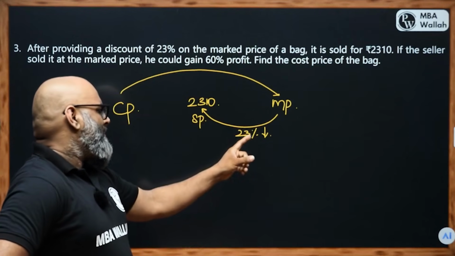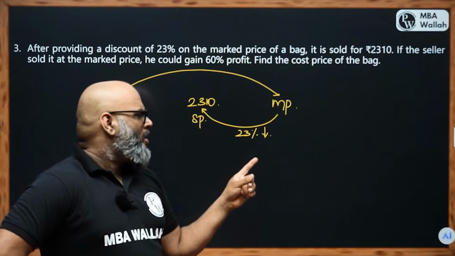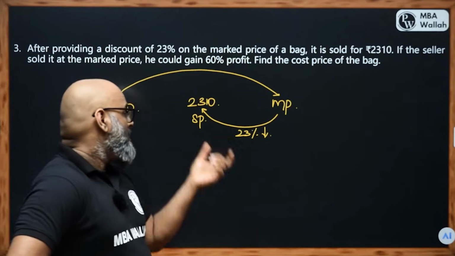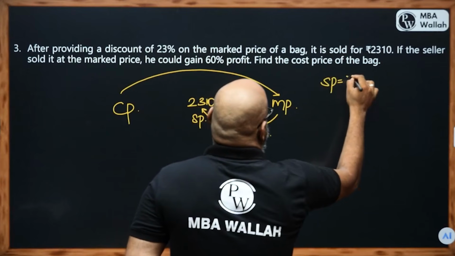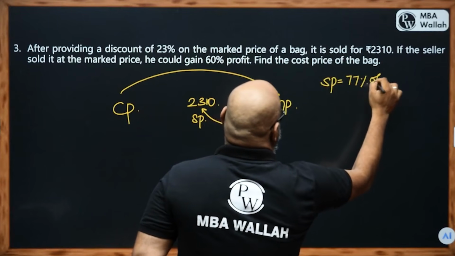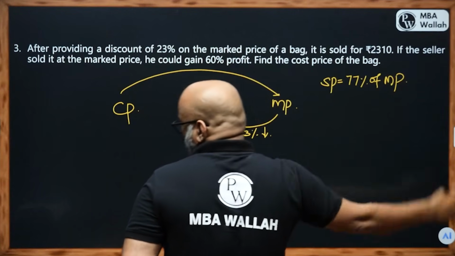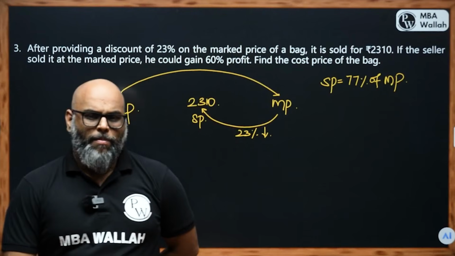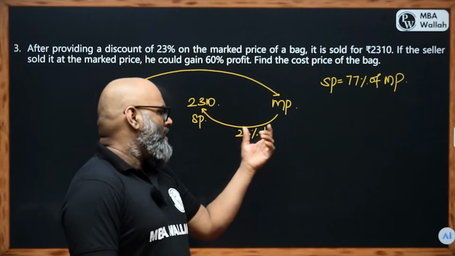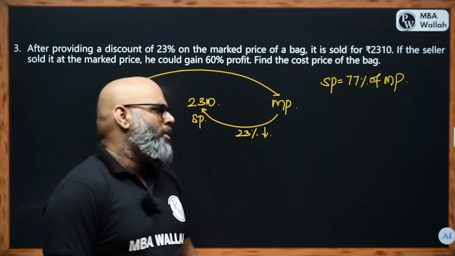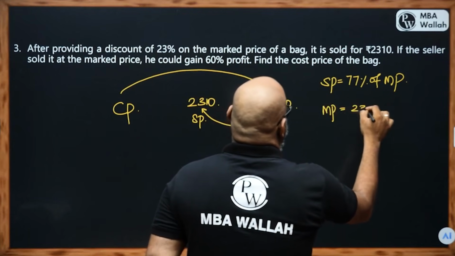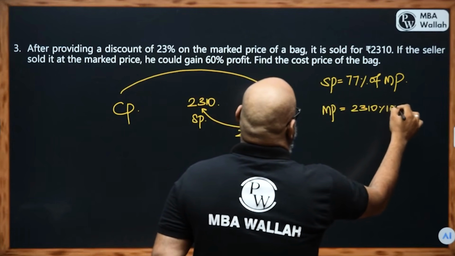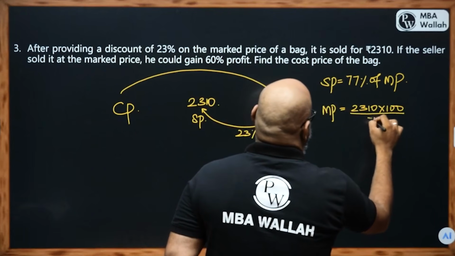And it is after giving a 23% discount on my marked price, which means my SP is equal to 77% of my marked price, right? 23% less is nothing but 77%. So marked price is equal to 2,310 into 100 divided by 77.